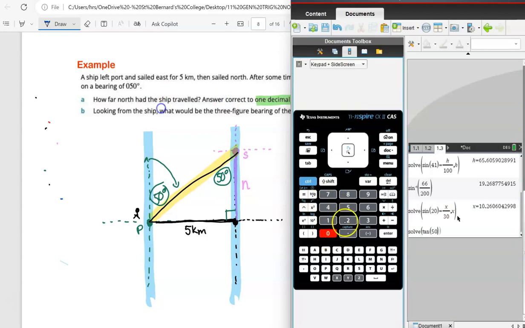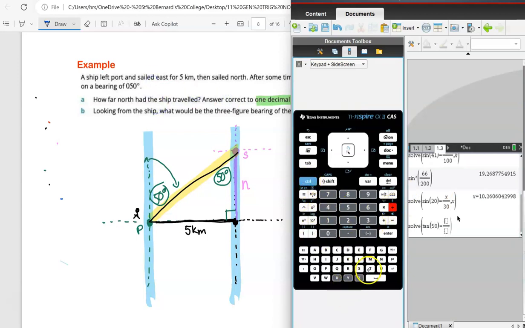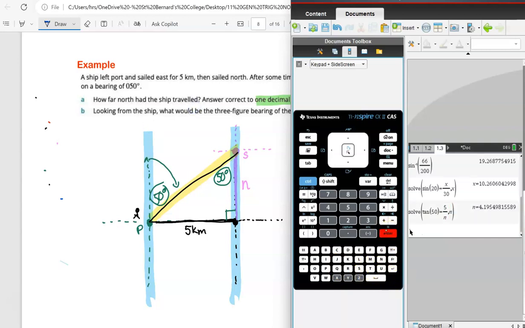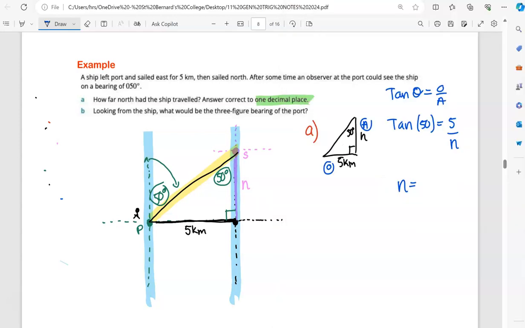Tan 50 equals 5 over n, comma n. It said 1 decimal place, so what would that one be, boys? 4.2. And what units was it measured in? Kilometers. Yeah, 4.2 kilometers. It says how far north, so let's just say 4.2 kilometers north. We'll answer the question they asked.